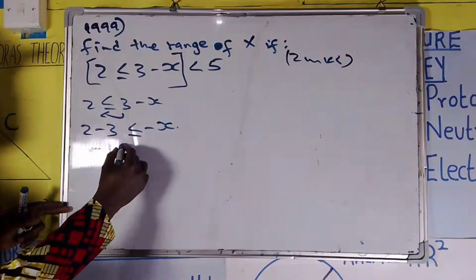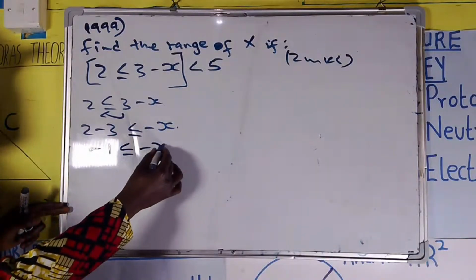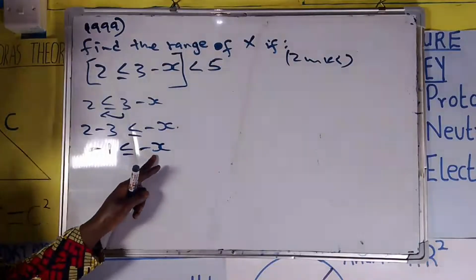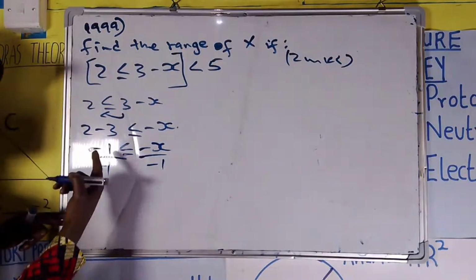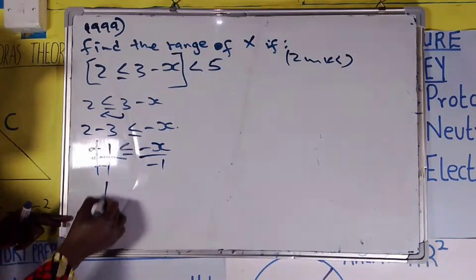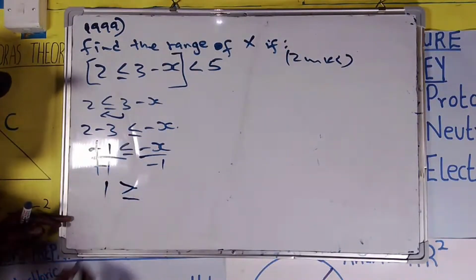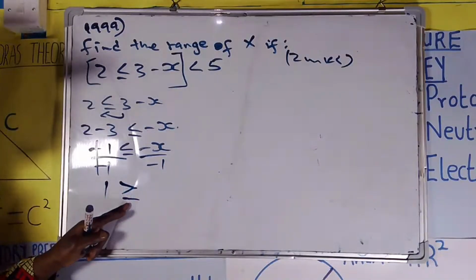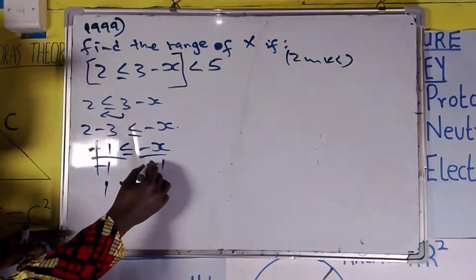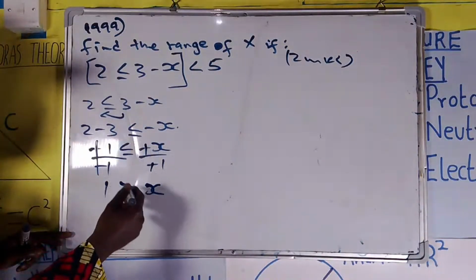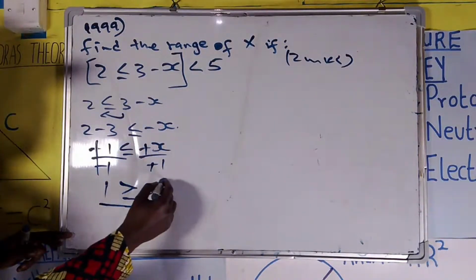And negative 1 is less than or equal to negative x. Since we want to be left with x here, we will divide both sides by negative 1. Immediately you divide with a negative, we will be left with 1. The sign will change. Greater than or equal to x. Because this cancels with that. X divided by 1 is x. So we are left with that.